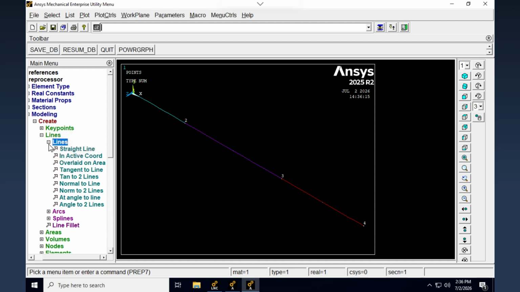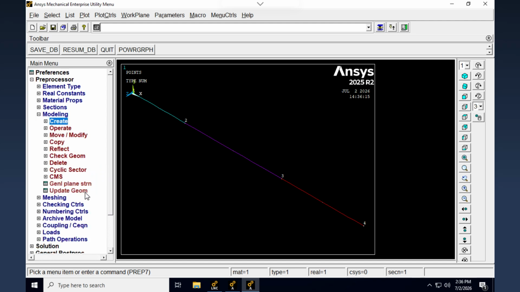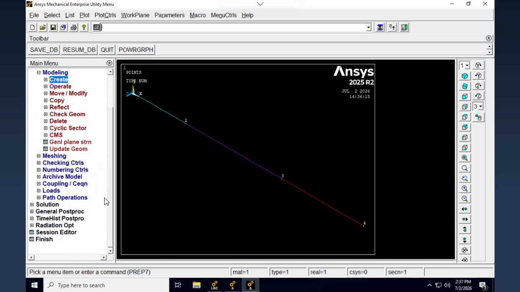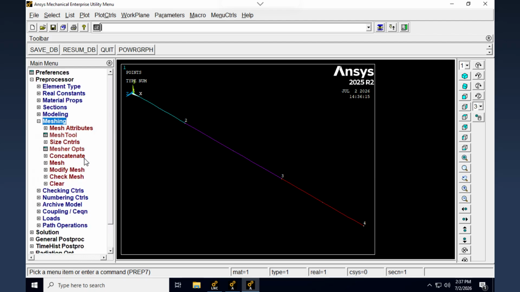So next, I'm gonna need to mesh this model, right? Okay, so how do I mesh? I have 3 lines. I know I'm gonna mesh them. So we are doing the deformation analysis. So I'm gonna break each line into 5 elements. I think 5 is sufficient.